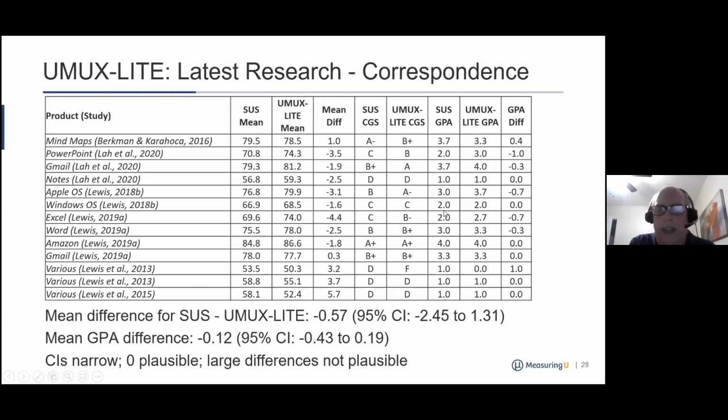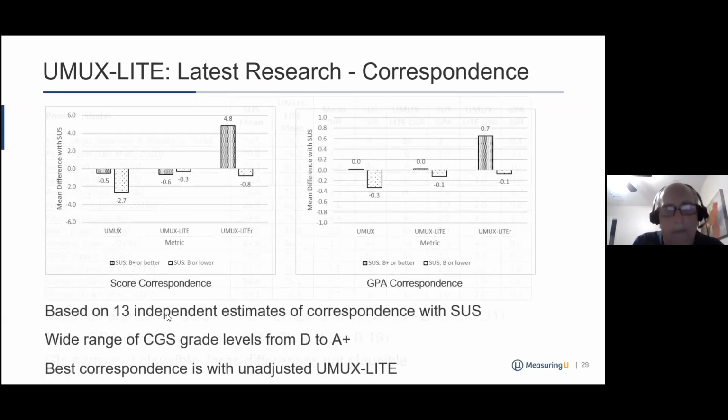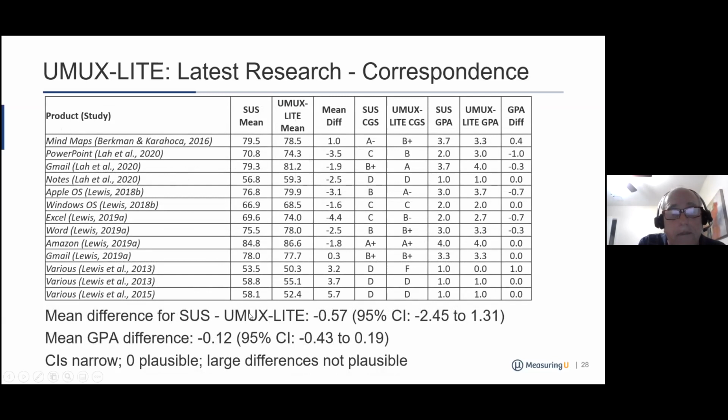So with this quantification, you can look at both differences in raw score and look at the mean there, or once you've clumped these things together into grades using the curve grading scale that Jeff and I developed, what happens there. So the mean difference for raw scores across these studies, the difference between the SUS and the UMUX-LITE, is less than 1 point on a 100-point scale.